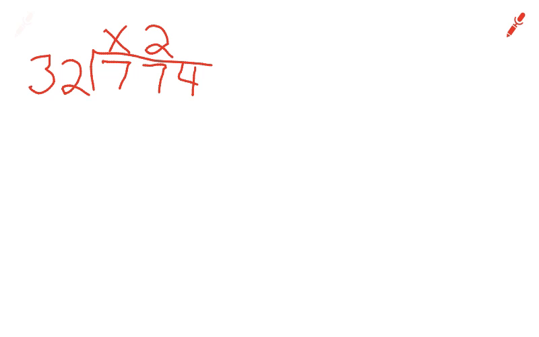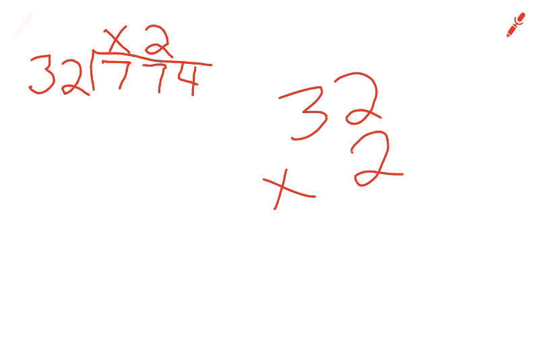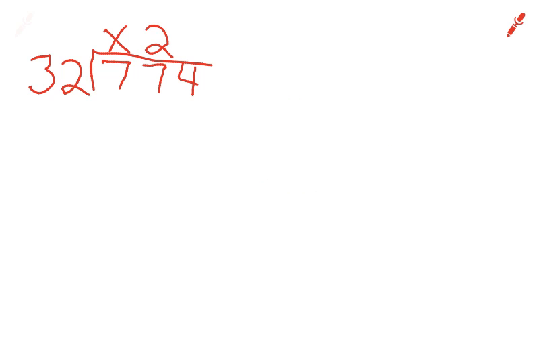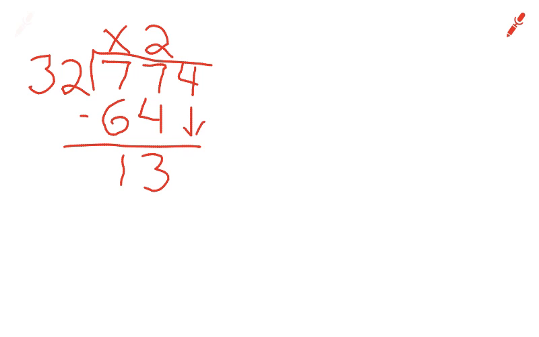And now we need to multiply 32 times 2. When we do that, we end up getting 64. So let's write 64 here. We'll subtract, and we get 13 for our answer. Next step, we need to bring down the 4. And now we're asking how many times does 32 go into 134?